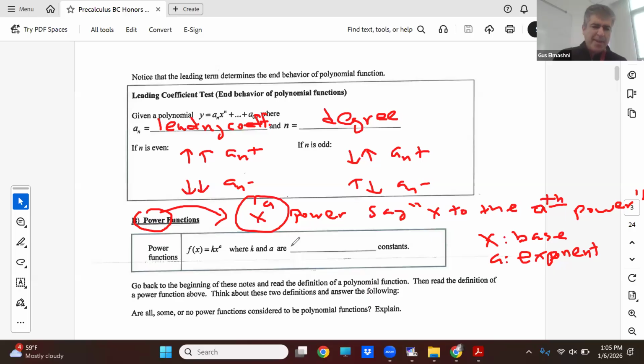I'm a little confused why I have to put in the blank there. K and A are just constants. Not necessarily, because K could be negative.